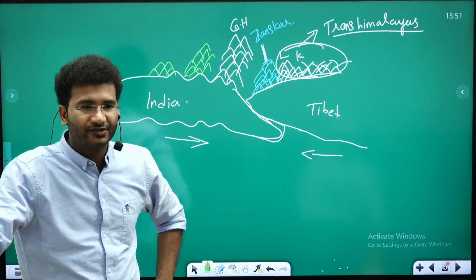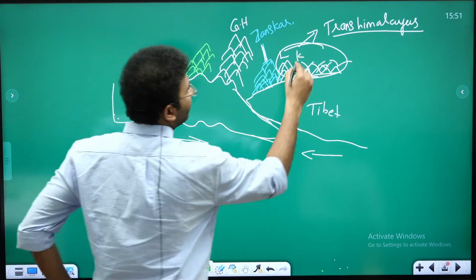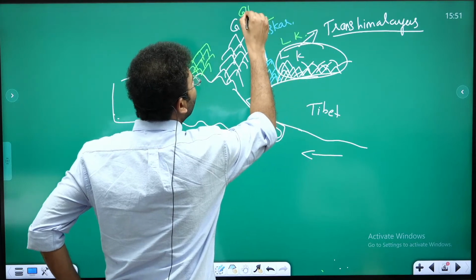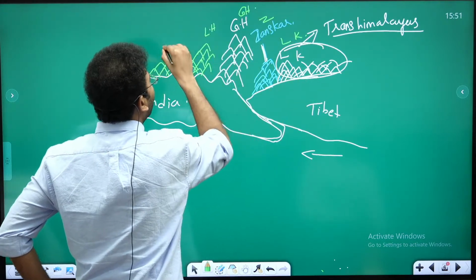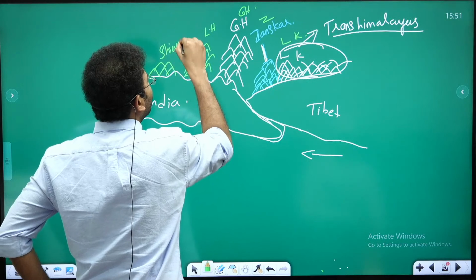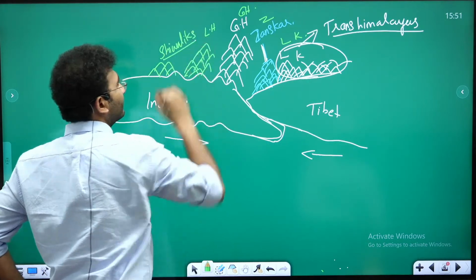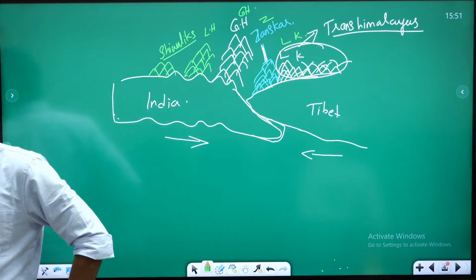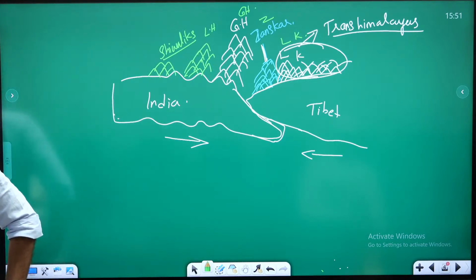This is Shivaliks. So this is your Karakoram, Ladakh, Zanskar, Greater Himalayas, Lesser Himalayas, and Shivaliks. Right? Now this is how the formations of the mountains took place.